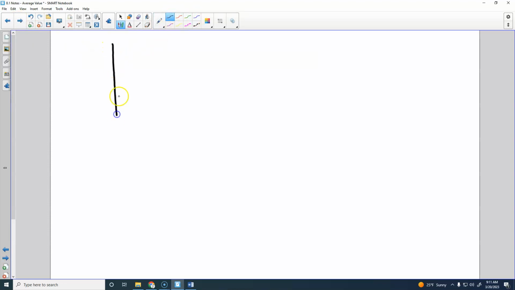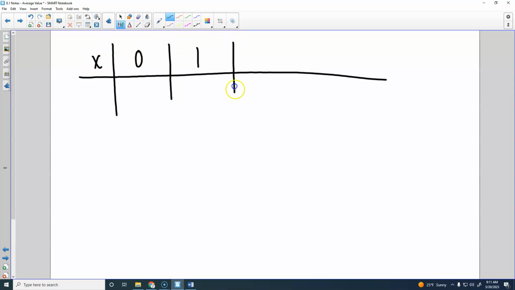All right, I'm gonna make a chart, and we're gonna have x is 0, 1, 2, 3, and let's do f of x is 4, 7, 9, 11.